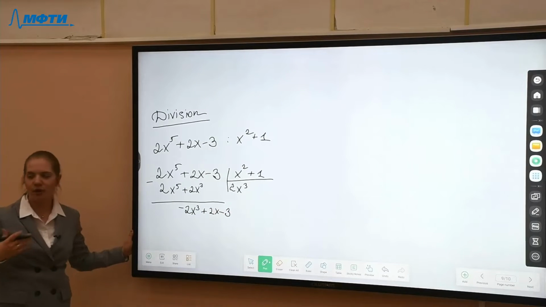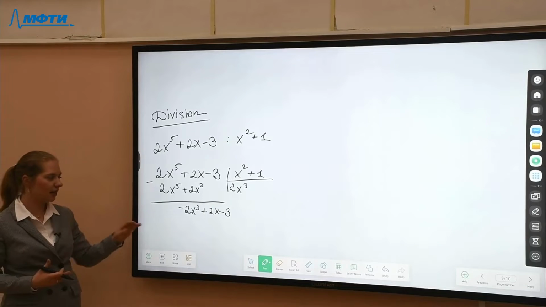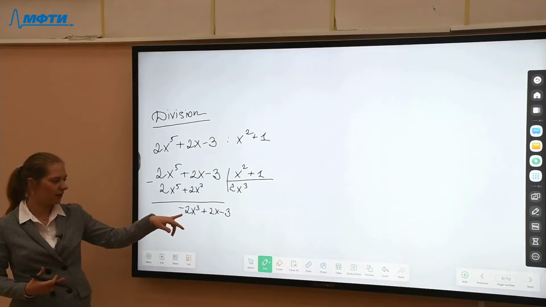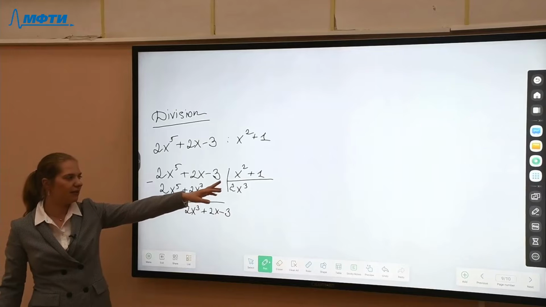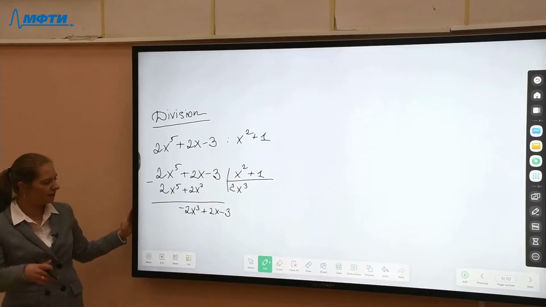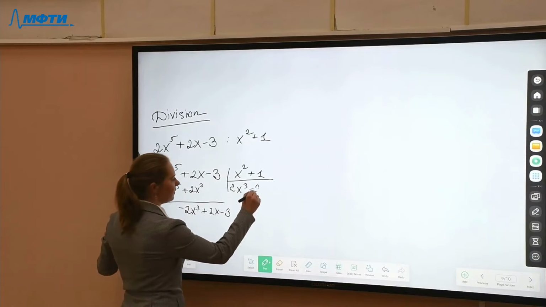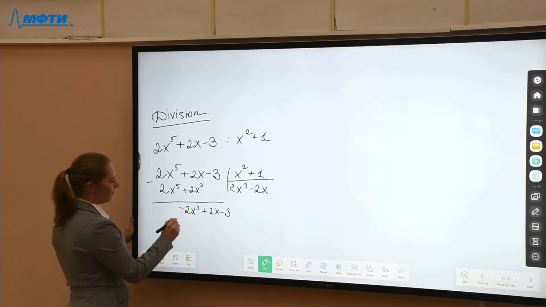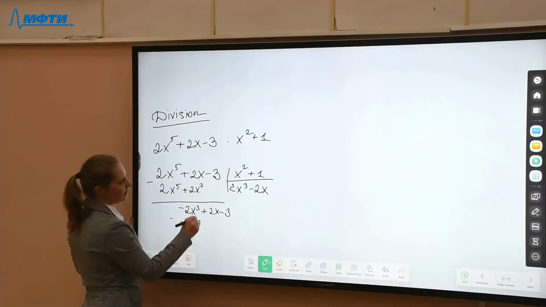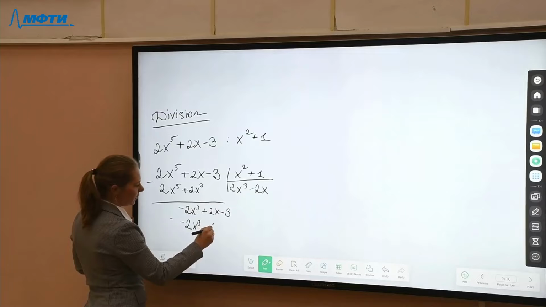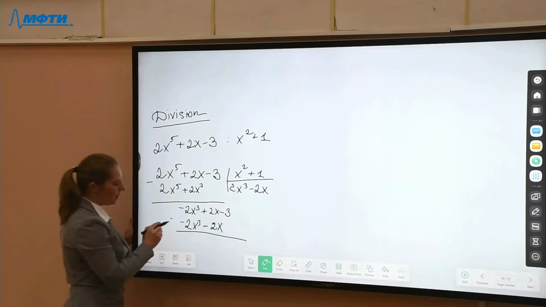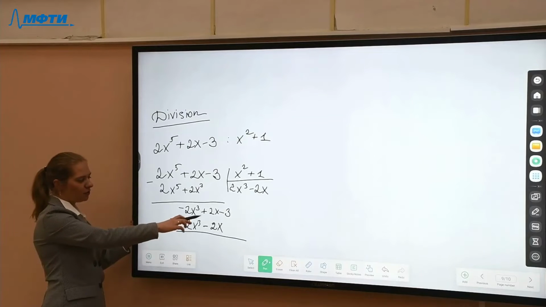Then again, we need to repeat our steps. Again, we need to take the first term here, minus 2x cubed, and here is x squared. Divide, this is minus 2x. So minus 2x cubed and minus 2x. Minus by minus is plus, so we have 2x plus 2x.